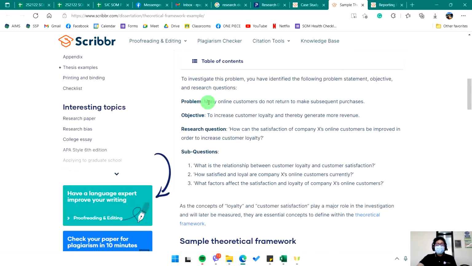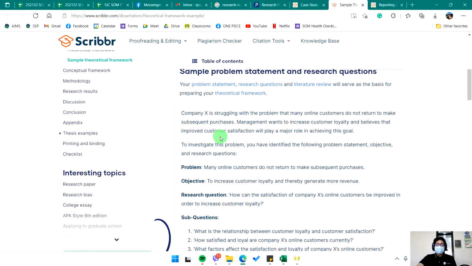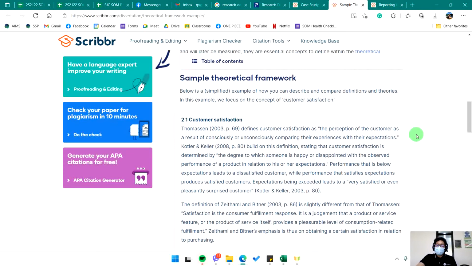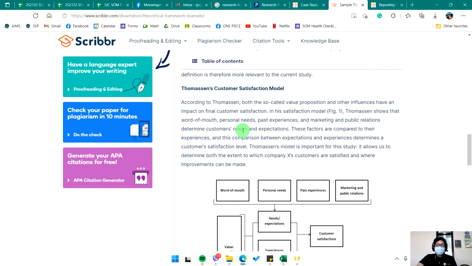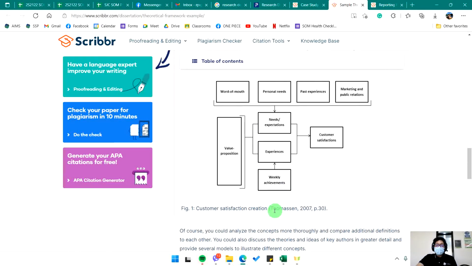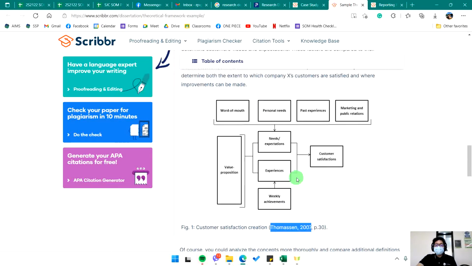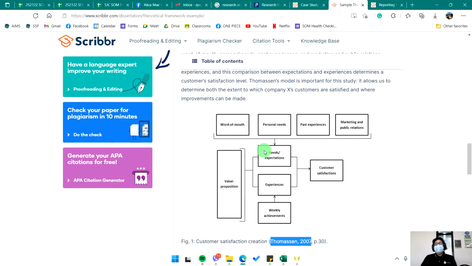The problem kasi of this sample is wala daw masyadong return customers. So, ibig sabihin, the underlying topic here is customer satisfaction. Kaya naghanap sila ngayon ng related literatures about customer satisfaction and meron sila nakita model by Thomasen. And this model, they will use to analyze the data that they will be gathering.